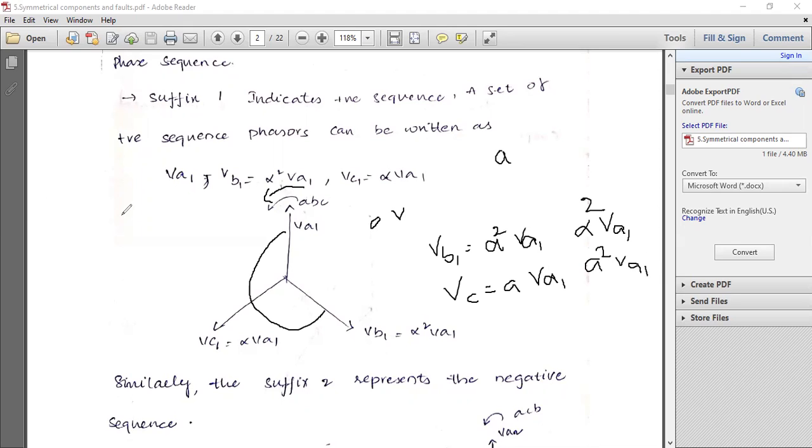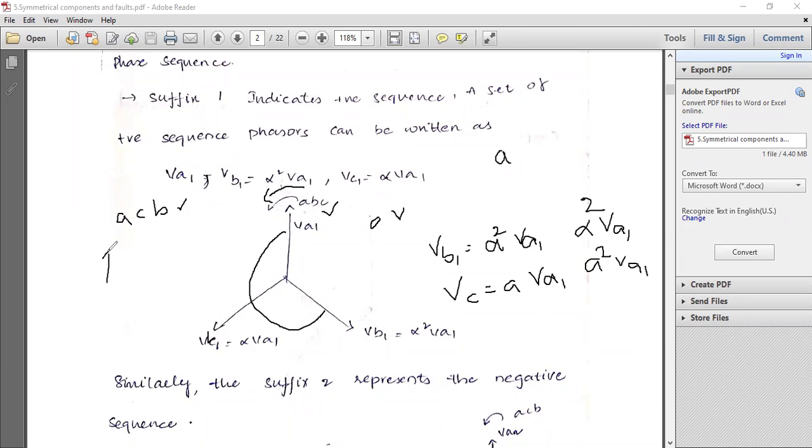Suppose the phase direction is reversed. This is a positive sequence, and for the negative sequence ACB, you are exchanging the phases B and C. Now you see this is positive and this is negative.